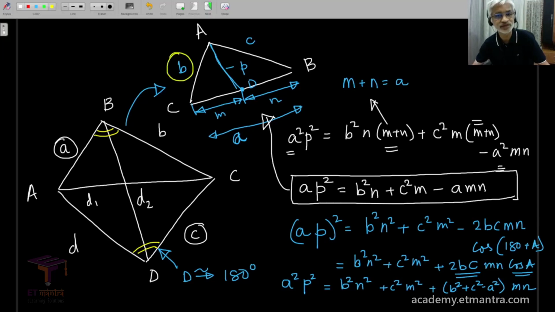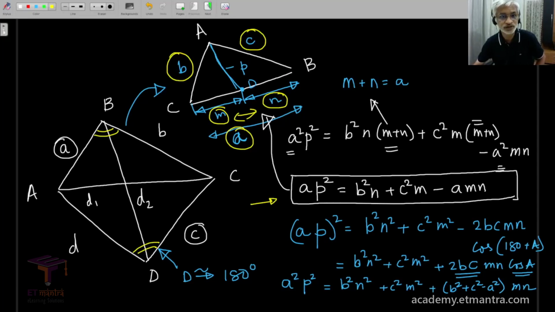B square gets multiplied by n, and C square gets multiplied by m, and then A gets multiplied by mn, and you will get A times P squared. So while this is a slightly daunting looking formula, there is a symmetry here that will probably enable you to memorize it.